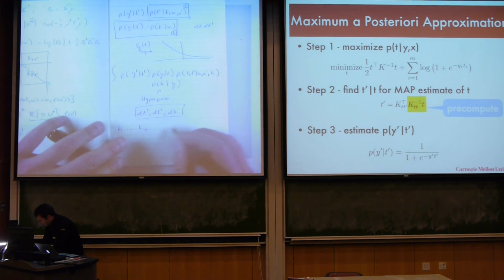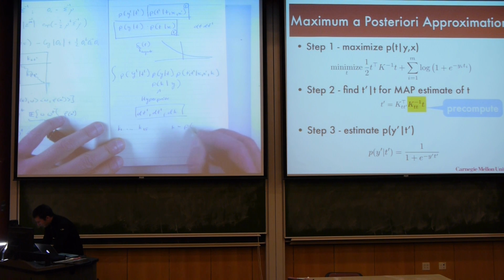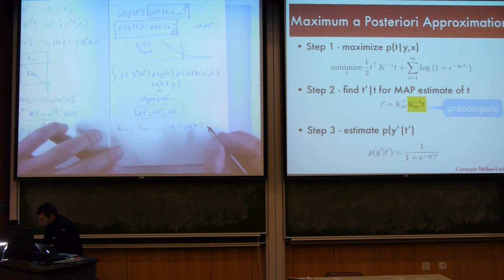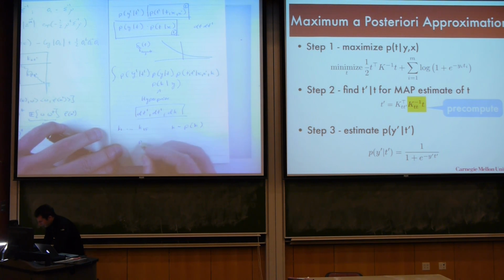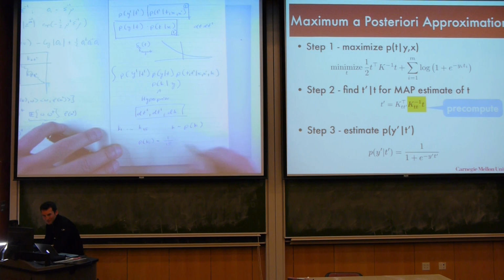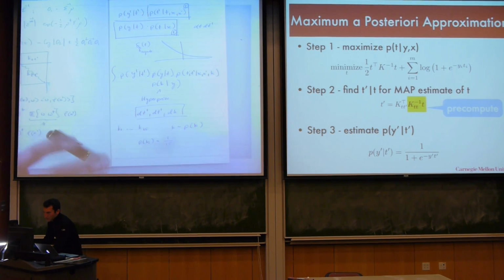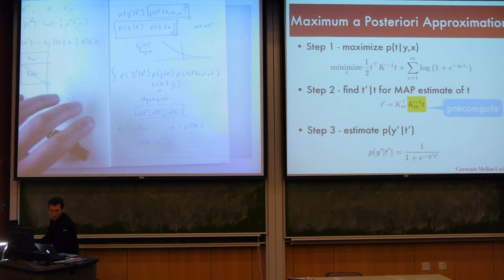And what I want is for K to be drawn from some distribution P of K. The easiest way would be to have P of Ki equal to 1 over 15. That would be a flat prior over this.